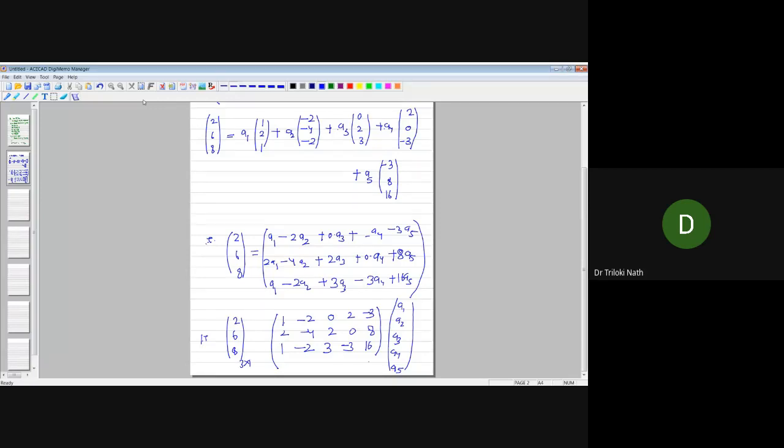So now you observe that this is a 3 cross 5 matrix, and this is your 5 cross 1 matrix, is it not? So that the multiplication gives you a 3 cross 1 matrix. So this is equality. Fine. So you have written this in matrix format.